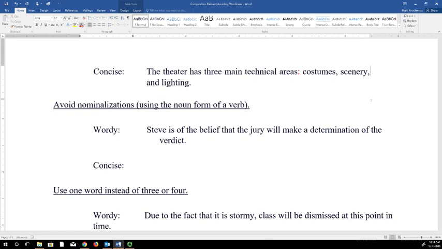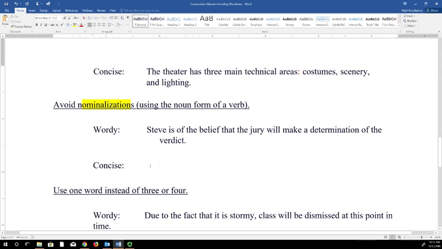Now, what's next? The word of the day. What's the word of the day? Nominalizations. Zombie nouns. We don't want this to happen. Instead of having zombie nouns, we want to have action going on inside of our sentences. Steve is of the belief that the jury will make a determination of the verdict.